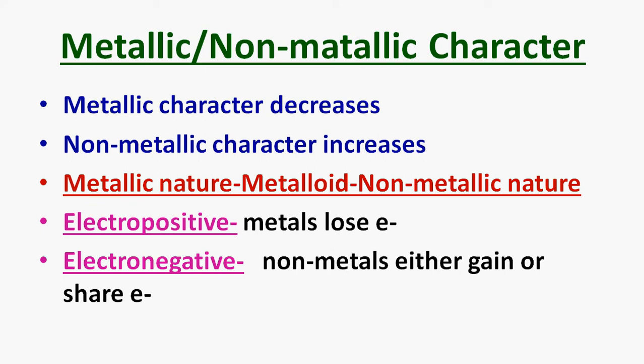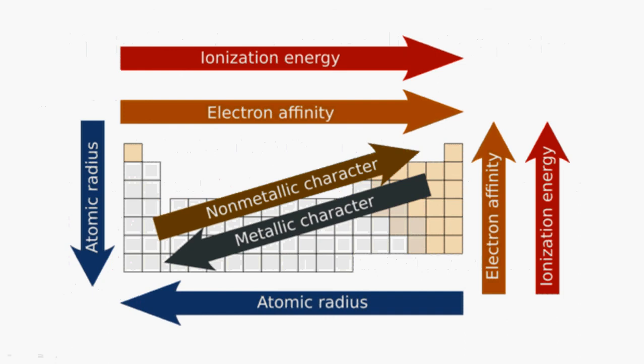So on the right side, when we are moving, the non-metallic character is increasing, it means that electronegativity is also increasing. Okay, on the left side electropositivity increases. So you can see the various orders as we move along the periodic table. The electron affinity and the ionization energy we will discuss in the coming lectures. Other things I have explained already to you.